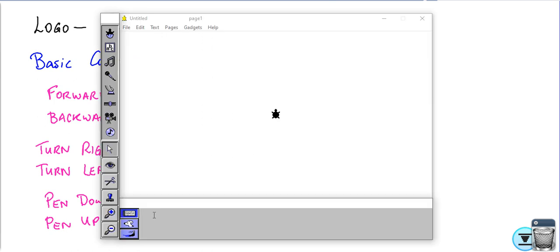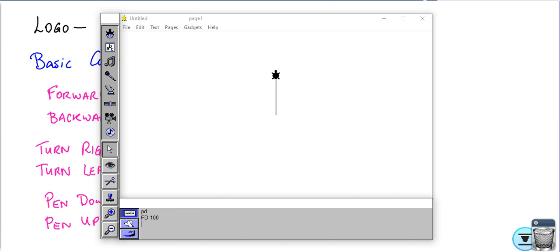So that you understand, in the command center, I'm going to write PD. Of course, you're not going to see anything, but now I'm going to tell the turtle to move forward 100 steps. So when it moves forward 100 steps, as you have seen, the turtle has gone 100 steps forward. It left a line because I told her PD, alright?